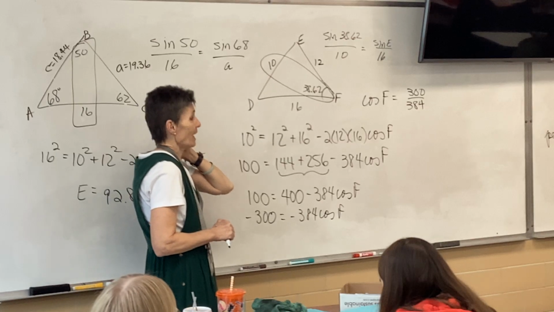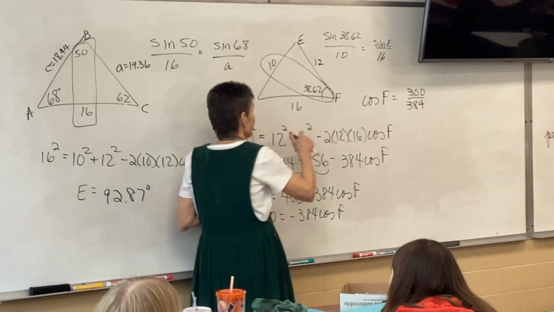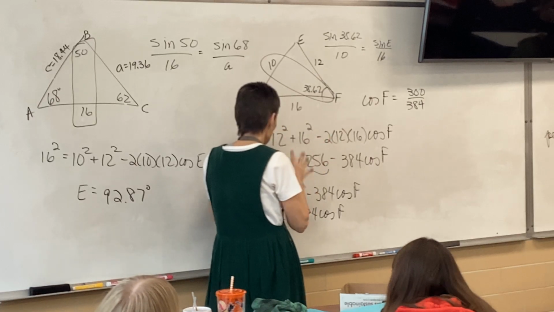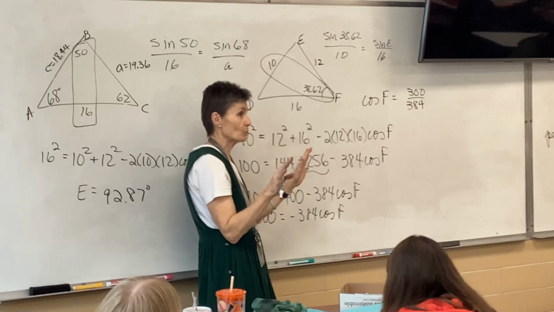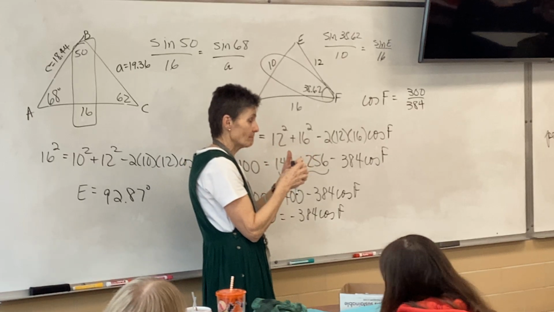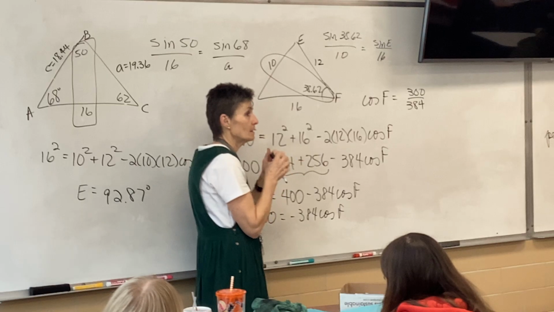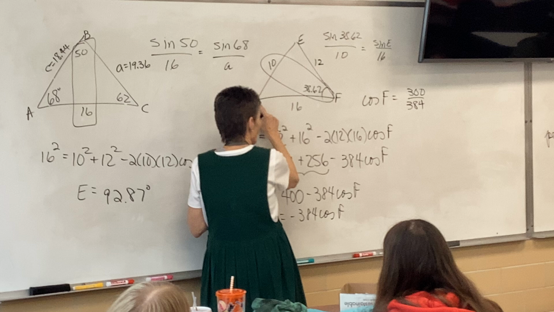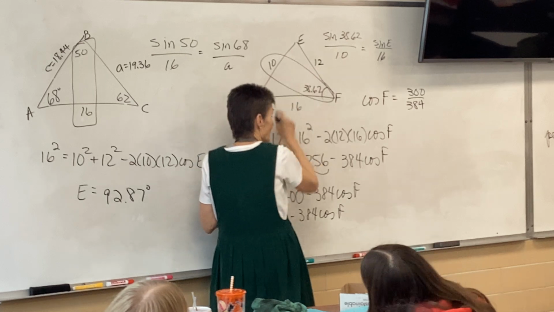So let me just advise you that you jumped in and did angle F first, and that was fine. When you're doing law of cosines, you do whatever angle you want. But then after that, go small. Now, how do I know that angle D would have been smaller than angle E?